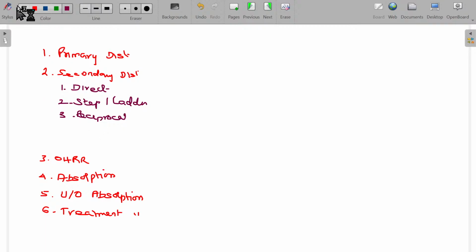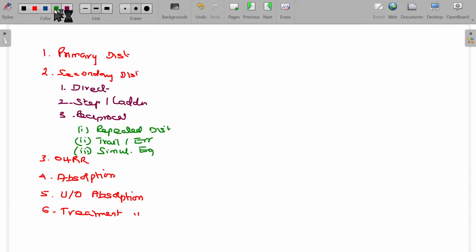Under the reciprocal method, we have 3 methods, and you can choose one as you wish unless specifically asked in the question: the repeated distribution method, the trial and error method, and the simultaneous equation method. These are the 3 methods.